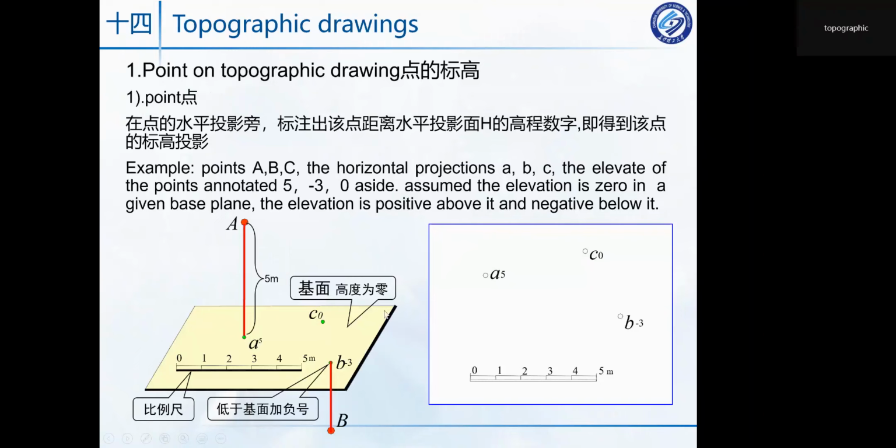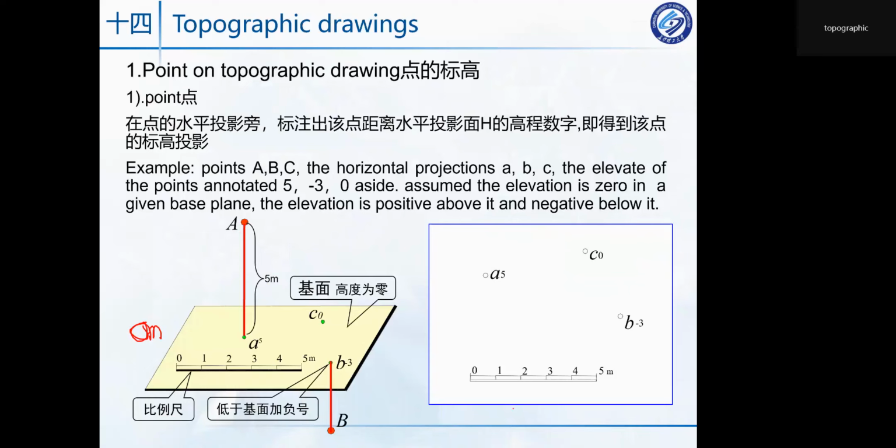At first we have a plane, and this plane's elevation is 0. And you can see there is a point A. This point A's elevation is 5 meters. So how can we represent this point in the top view of this plane?